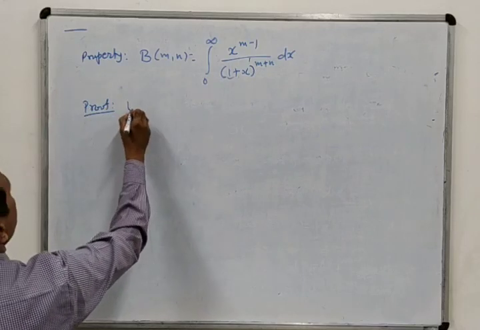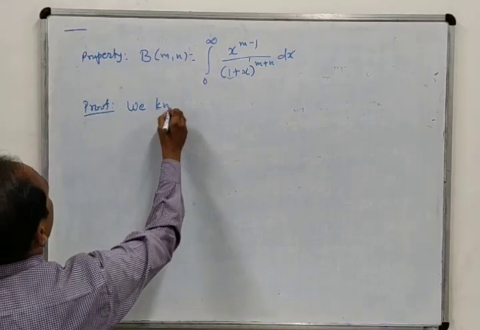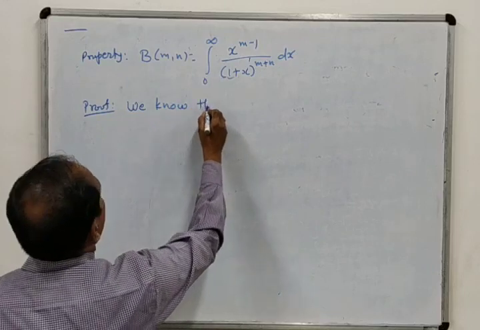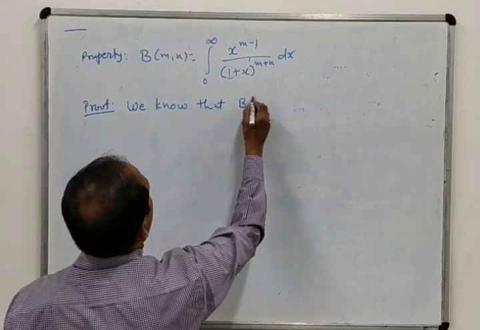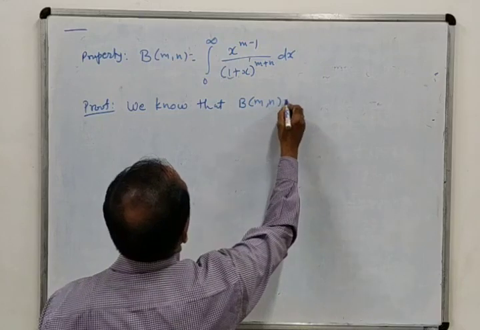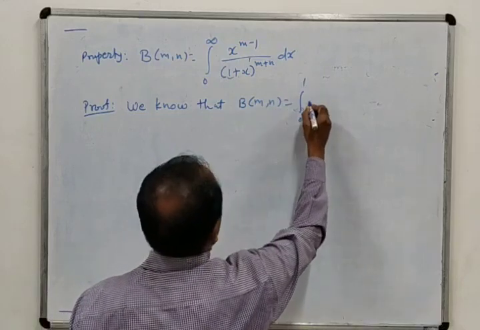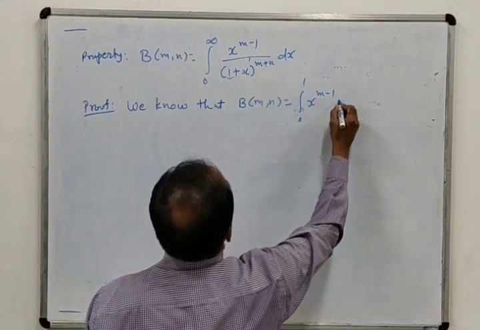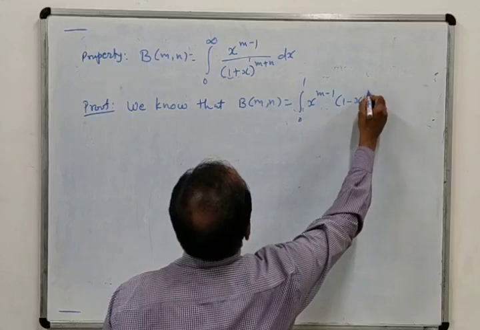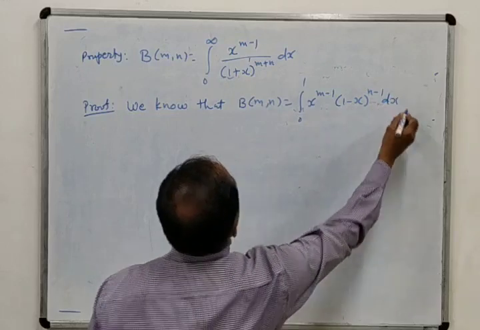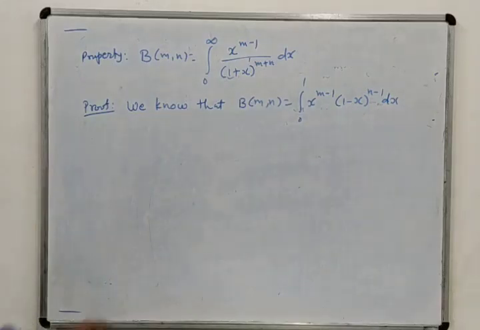In the proof, first we should always begin with what we know. We know the definition, beta(m, n) equal to integration 0 to 1 x raised to m minus 1 into (1 minus x) raised to n minus 1 dx. This definition we know. Actually we want to derive this result.